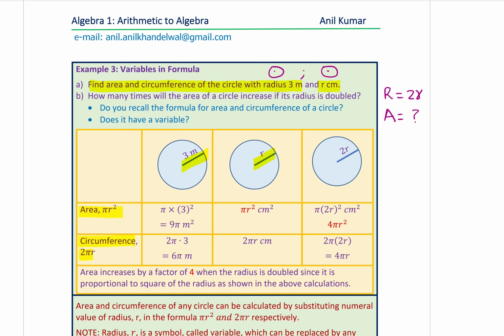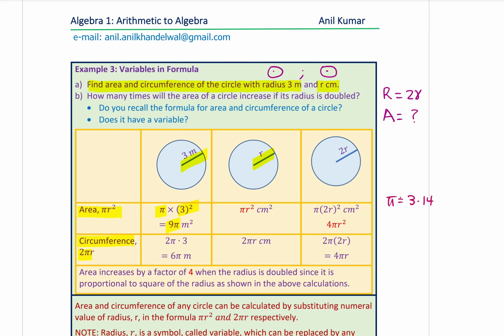Area being pi r square. Pi times r, which is given to us as 3 square, we get 9 pi as our answer. Well, some of you can use the value of pi as 3.14, right? So let's remember that pi is approximately 3.14, and we can always use this value to get an answer. 9 pi is actually the exact answer. We'll work with 9 pi as such. Okay.